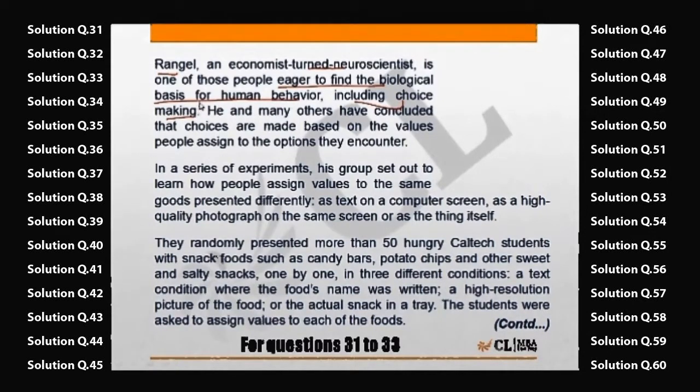So what was the purpose? To understand the biological basis. Then you can go further. He and others have concluded, this is the conclusion we have drawn, and this is the kind of experiment they conducted. So what was the purpose? The purpose was to understand the biological basis of decision making.